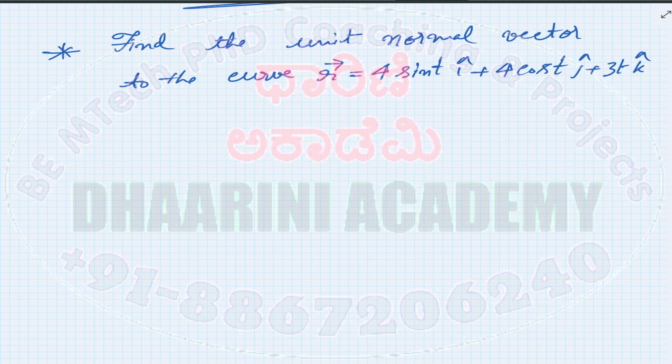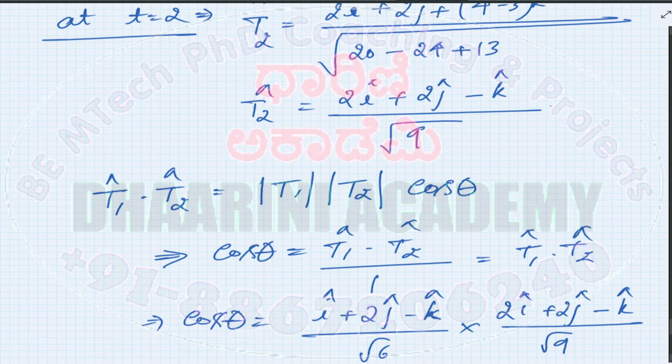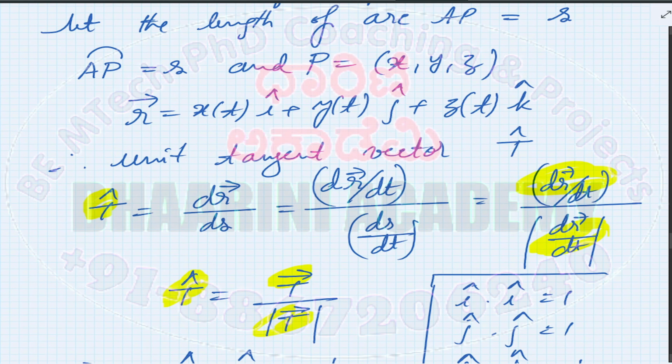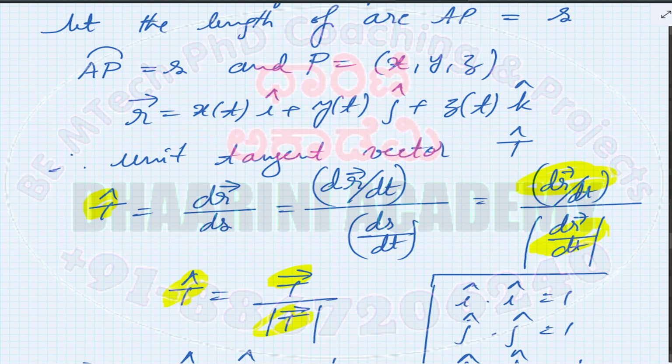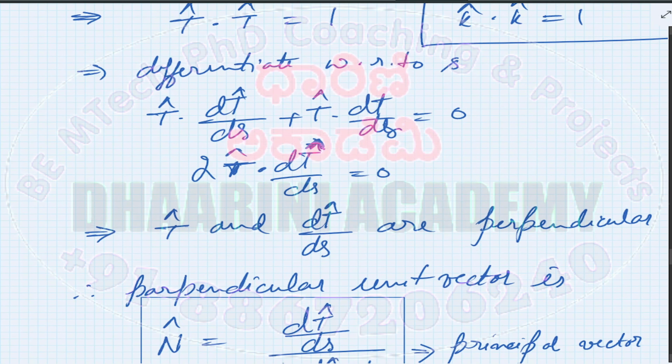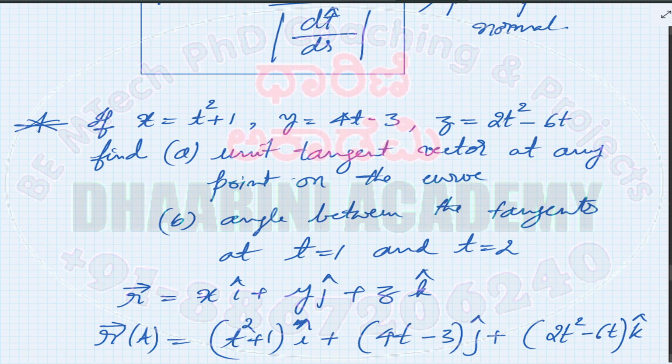So you can see that this can first once again be written like r of t. Okay, but let's write the required formula. Now you see the question is find the unit normal vector, in the sense find the perpendicular vector. So which concept is that? Unit vector normal to the space curve, in the sense my answer is n cap is equal to dt by ds divided by magnitude of dt by ds.